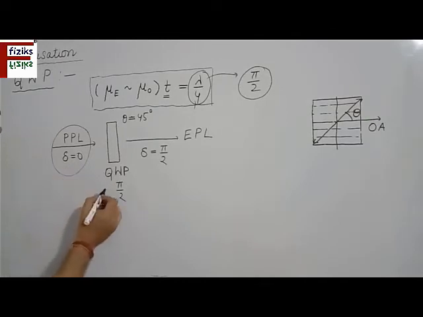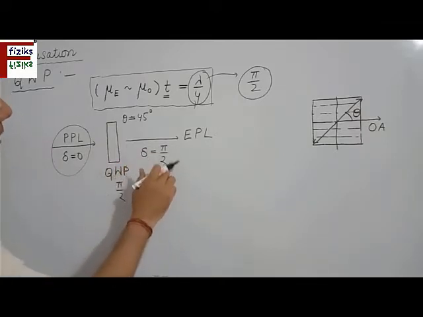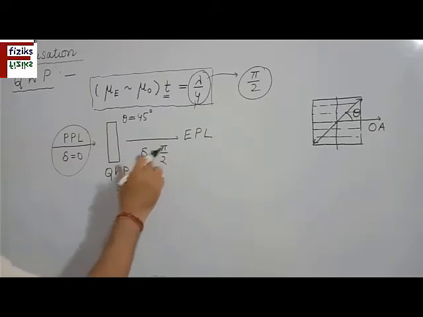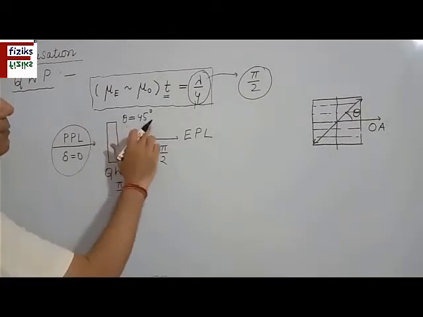This delta is different. Delta was 0 initially, and the quarter wave plate introduced an extra phase of pi/2. So here the total phase delta will be pi/2. So either it will be circularly polarized light or elliptically polarized light. But here theta is 45 degrees.